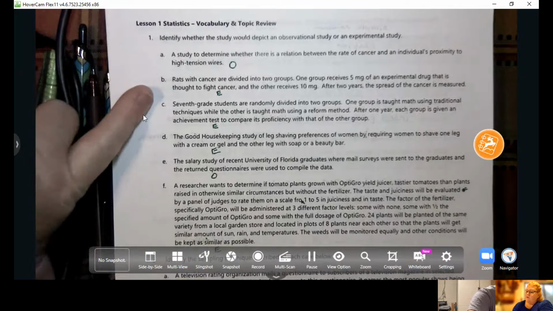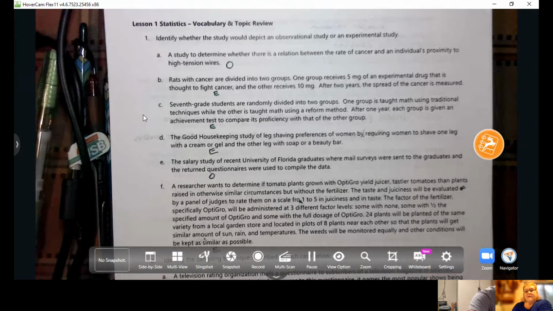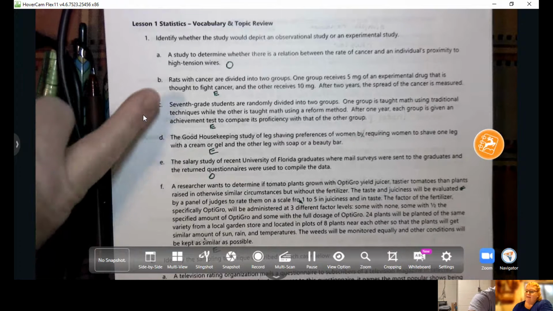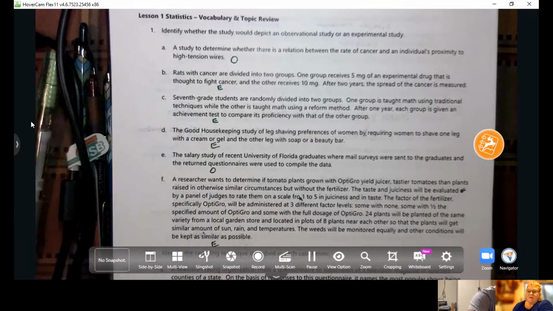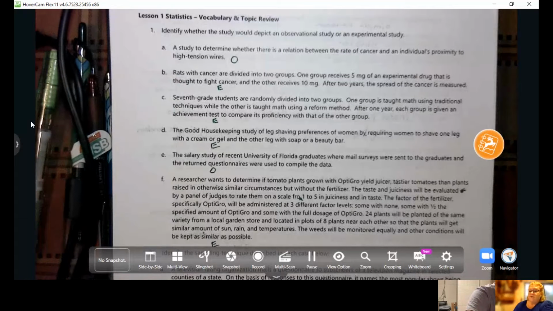If you're looking at rats with cancer divided into two groups, one group receives an experimental drug, another group receives a different dosage, and they go back after 2 years and re-measure the cancer spread, that is experimental, where you have the two groups and different conditions being applied. So that gives you an example of reading a scenario and deciding whether it was an observational versus experimental situation.